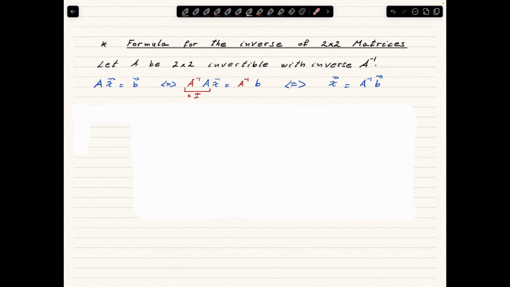So this is a way to find a formula for the inverse matrix. You start with the most general 2 by 2 system of linear equations with an arbitrary right hand side, an arbitrary coefficient matrix, and you write the solution of that system. X is going to be a vector, and then you write this solution as a matrix acting on the right hand side vector B. Then that matrix has to be the inverse matrix.